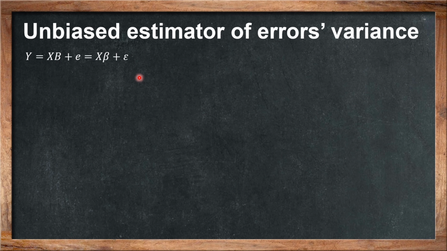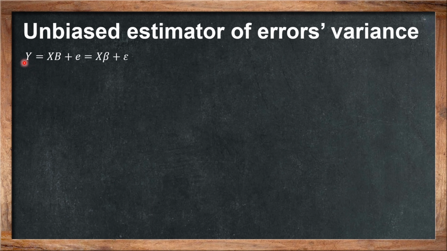If we could analyze the whole population, then we would probably be able to compute the true variance of errors. But unfortunately, it's never possible. We are just working with the sample. That's why, since we cannot get the true variance of errors, we seek its best estimator.